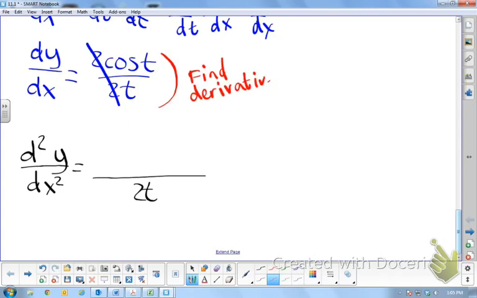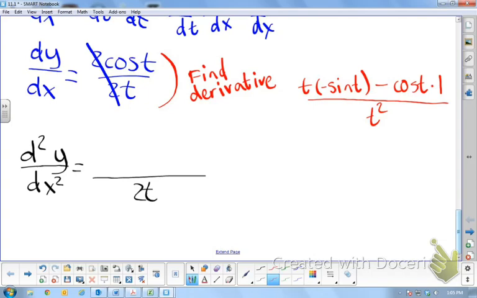You could bring it to the top and do product rule, or quotient rule. So low d high minus high d low. So t d high is negative sine t, minus high d low, cosine t times 1, all over low low, so all over t squared.